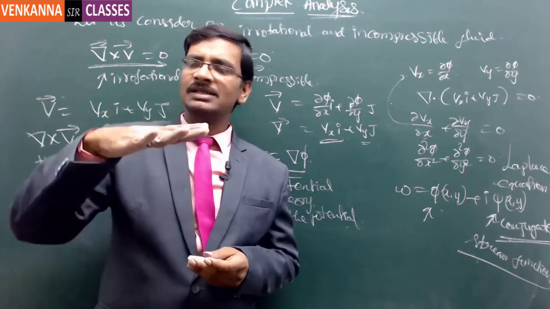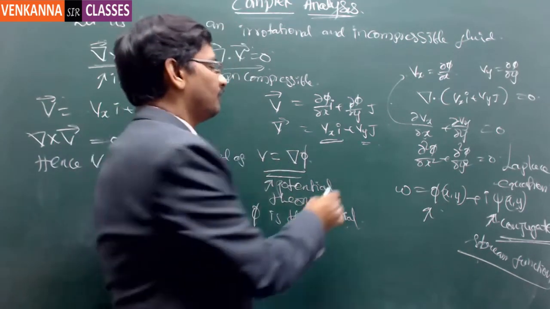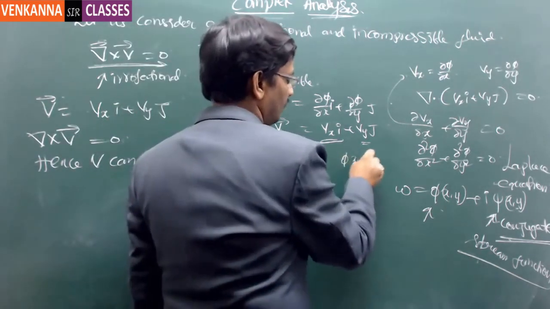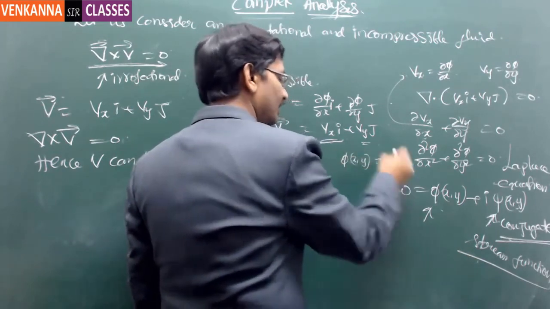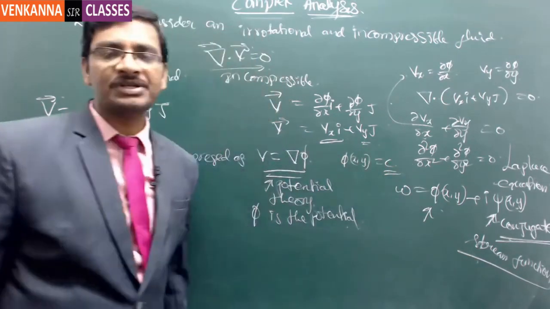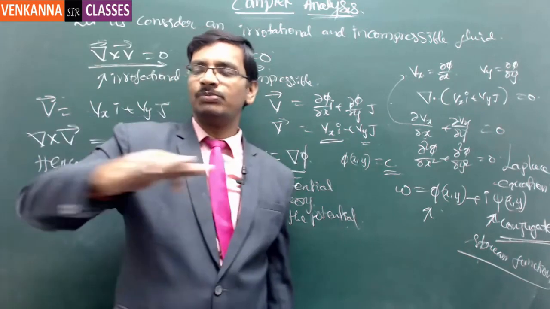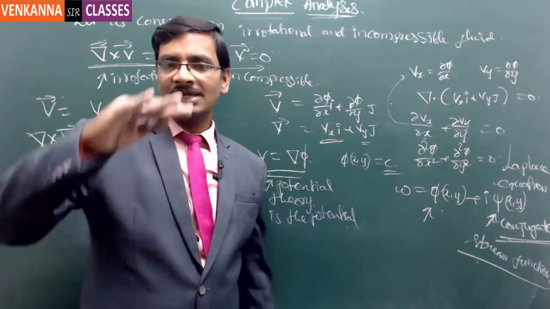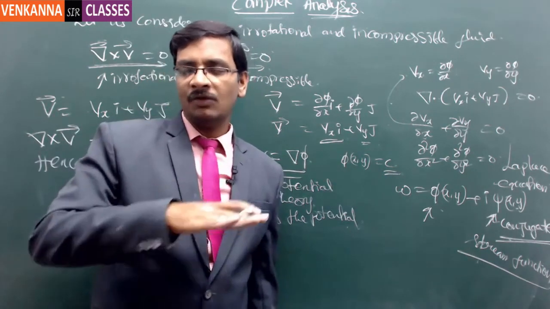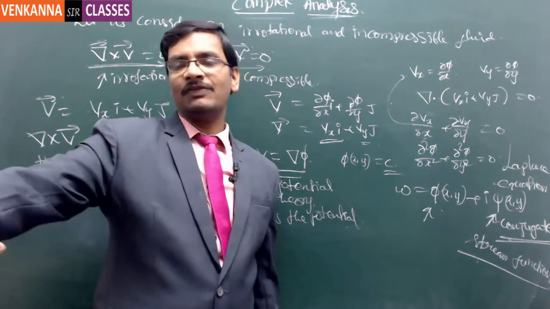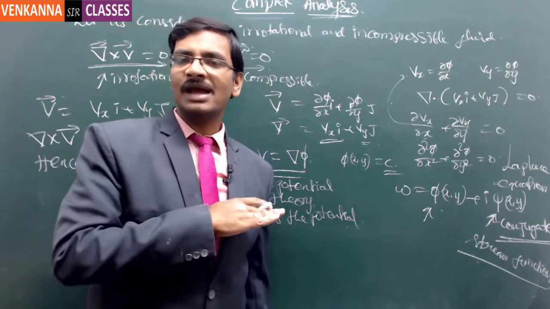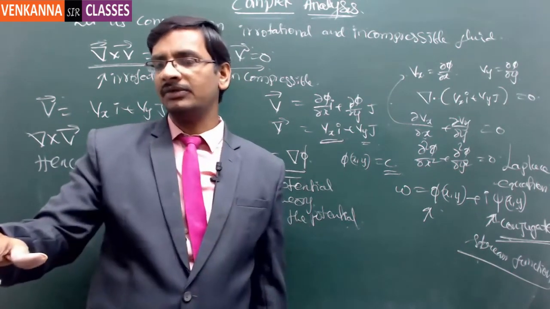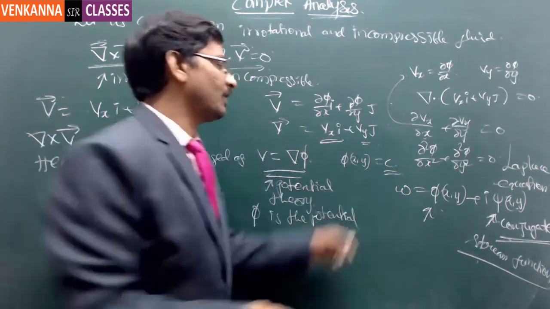Now, in exactly the similar manner, this is phi of x comma y is equal to constant. We mean this constant is nothing but the potential value which is there on this plane altogether. Suppose I change this constant to C1, which means I came down to another height, wherein if I draw one more plane at the different height, the potential is exactly constant at every point on this height, but it will be a different value C1.